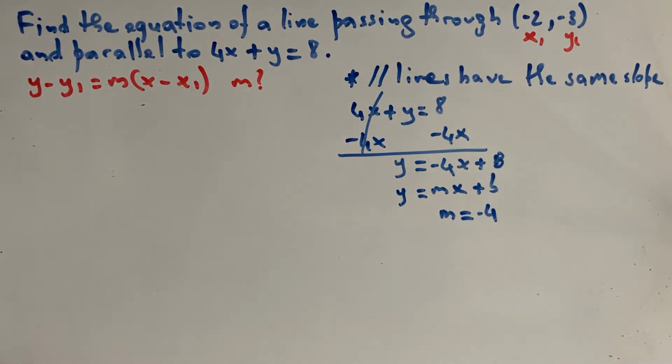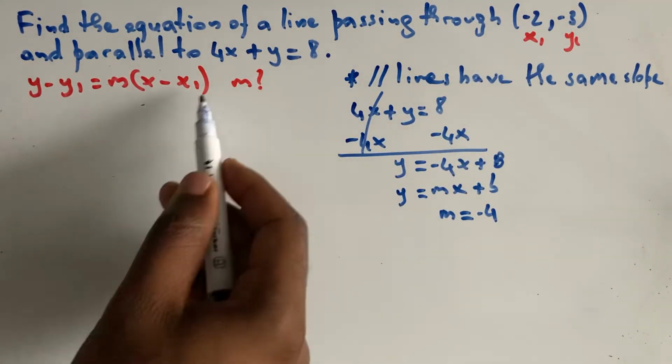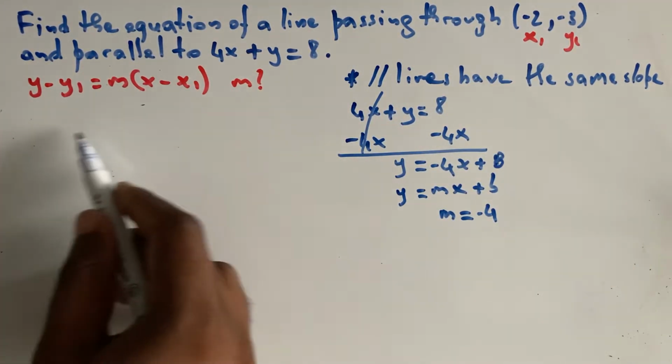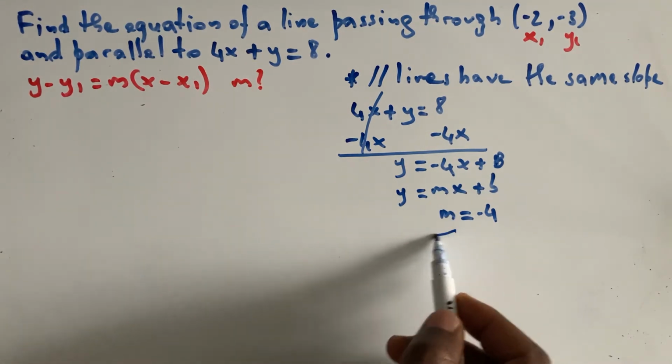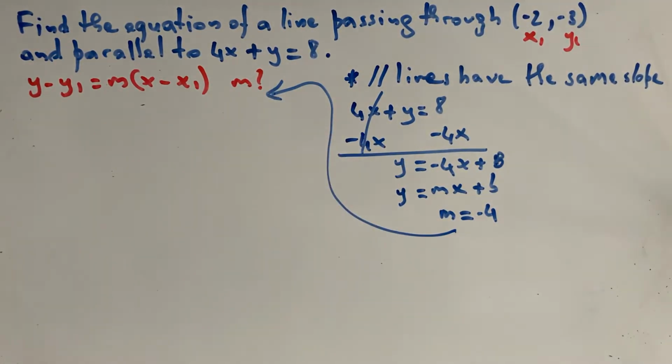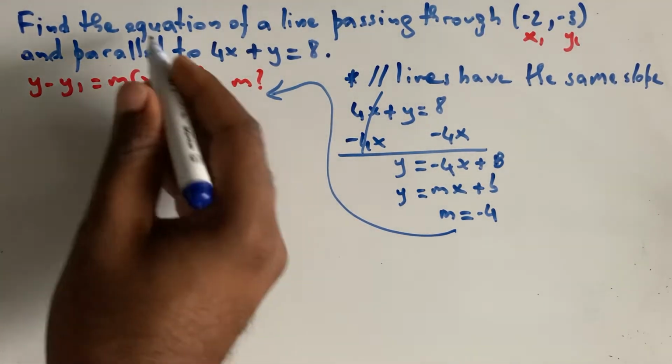Now, this is the slope of this line, which is parallel to the line you need. If they're parallel, they have the same slope, so we can use this slope as m right here. Once I know that they're parallel, I can continue to find the equation of the line.